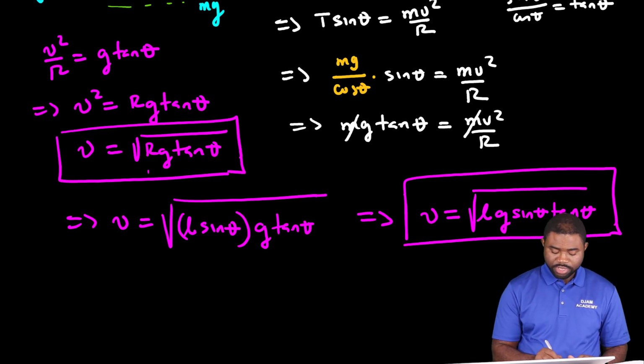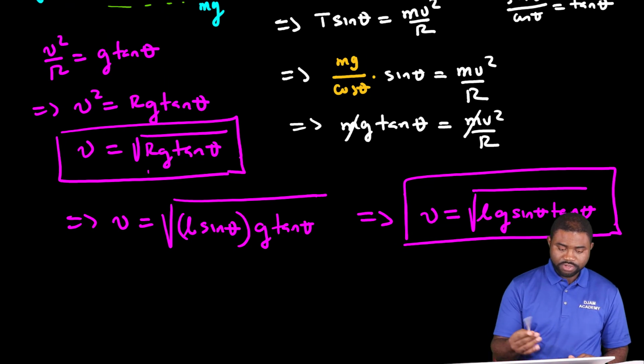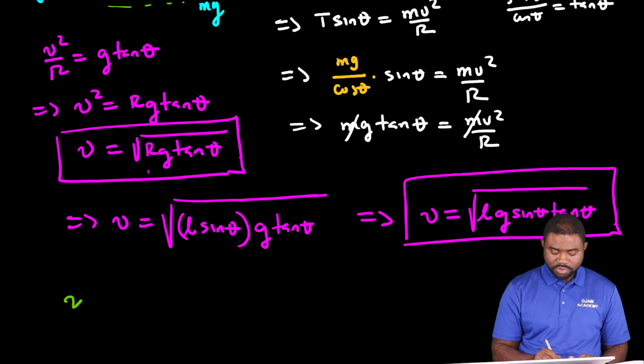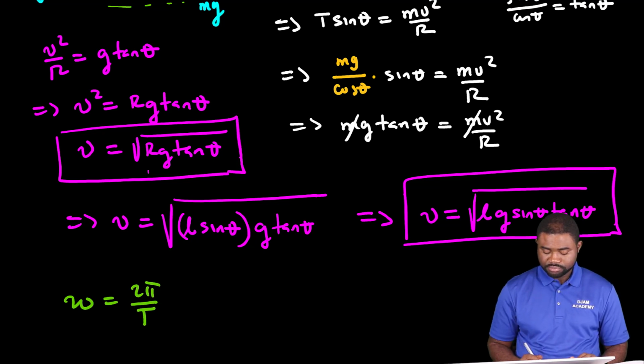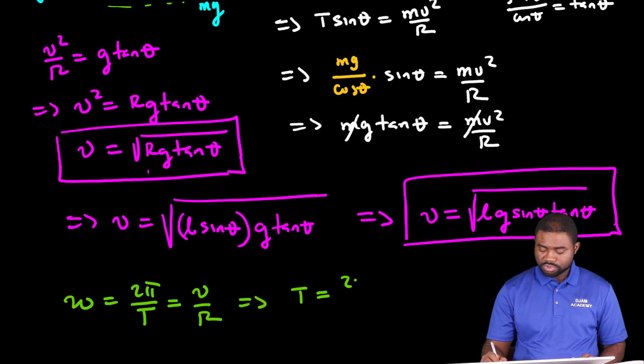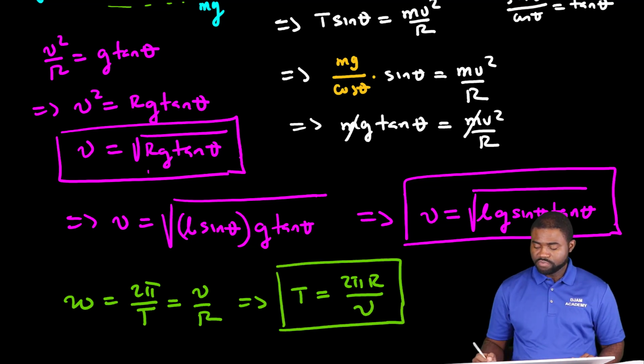Remember that omega is equal to 2 pi over T. And omega is equal to v over r. This implies that T will be equal to 2 pi r all divided by v. This is the expression for the period.